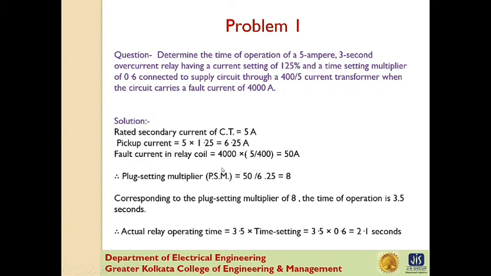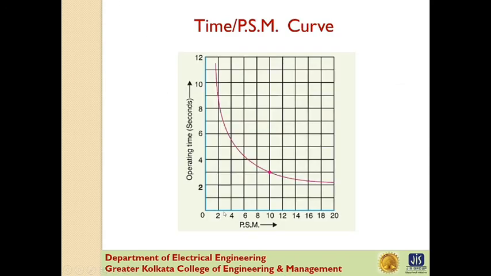Fault current in the relay coil equals 4000 into 5/400, which is equal to 50 ampere. Now the plug setting multiplier is fault current in the relay coil, that is 50, divided by pickup current, which is 6.25 ampere, which equals 8. Now we follow the time versus PSM curve.